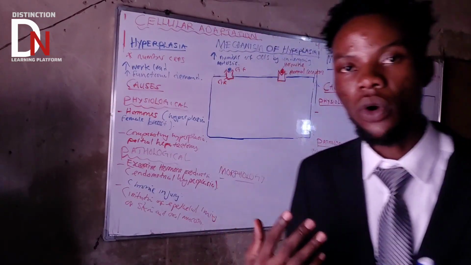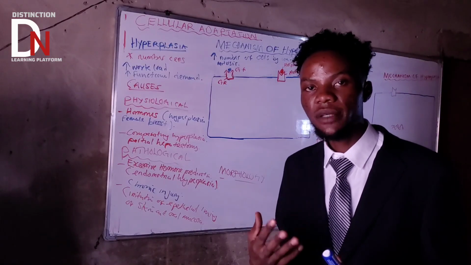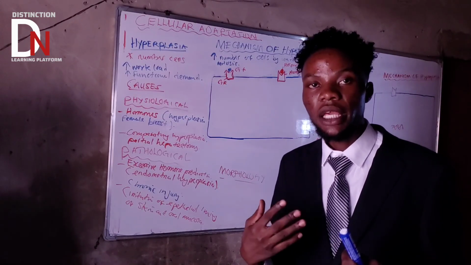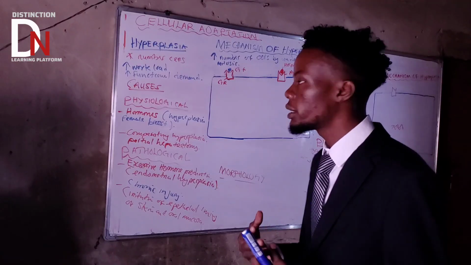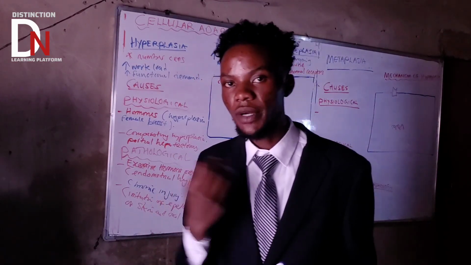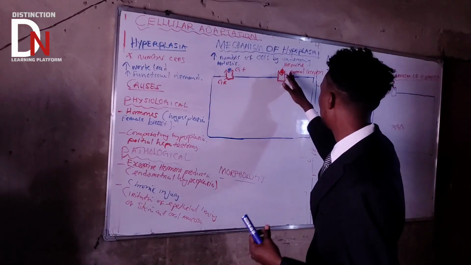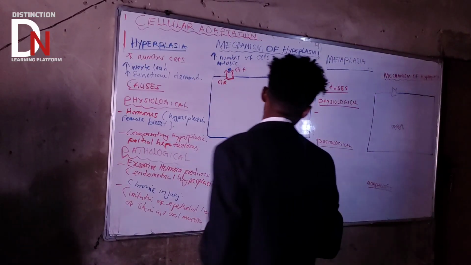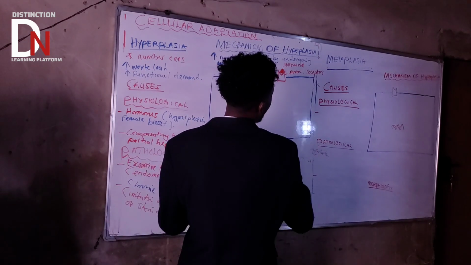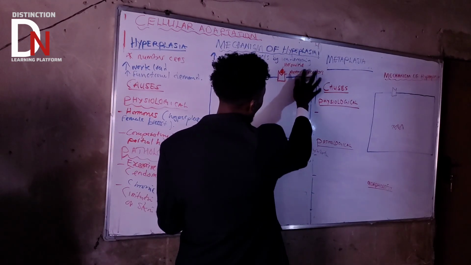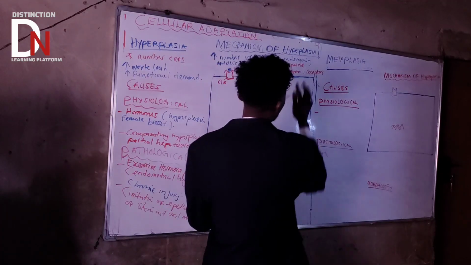Remember, what is a hormone? By definition, a hormone is a chemical messenger that is produced by endocrine glands and stimulates other glands or organs to function. So this hormone will come and bind here and activate this hormonal receptor.